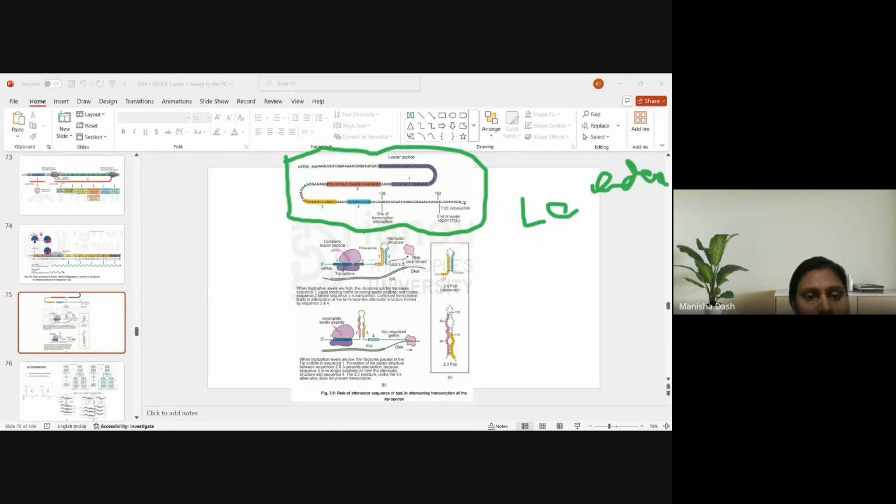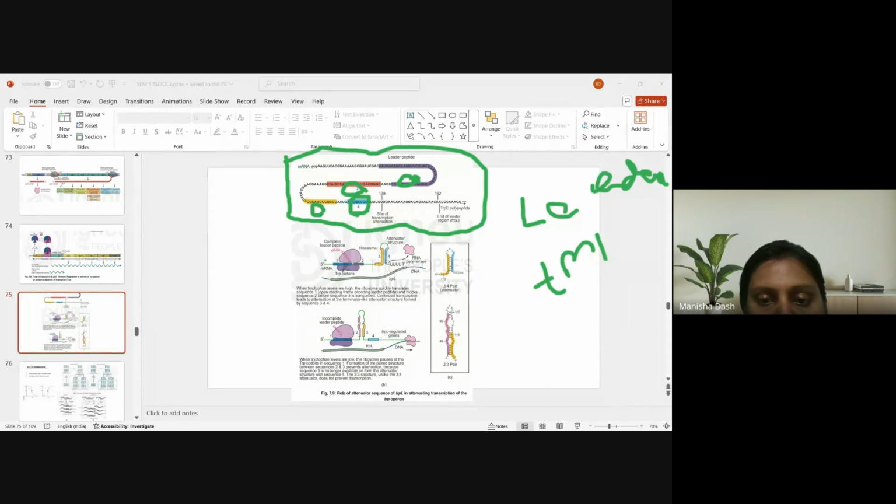Okay. As you can see, there are 4 numbers given here: 1, 2, 3, 4. So these are 4 specific sequences of the leader peptide of tryptophan mRNA.